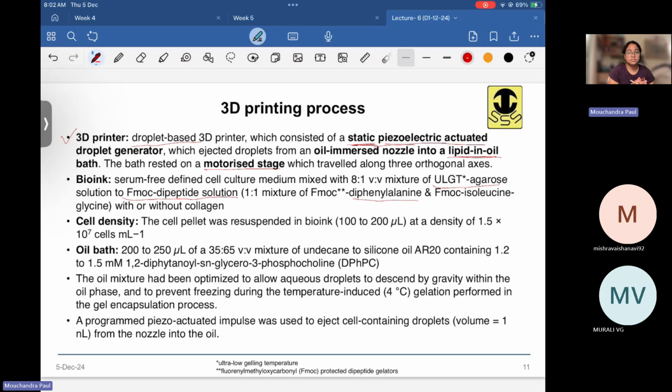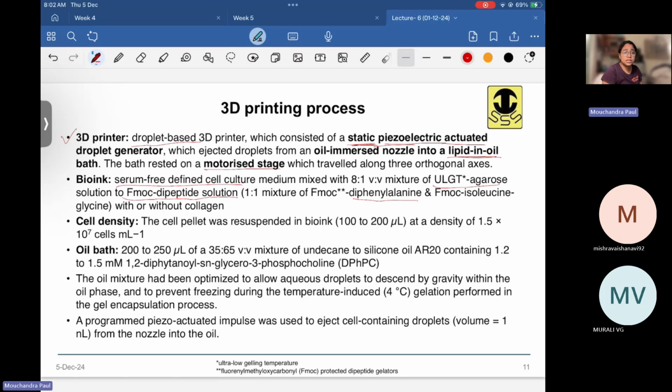So with agarose, they mix this FMOC dipeptide solution, and also they mixed serum-free cell culture media, which is added to sustain the viability of your cells. And they made two types of bioinks, one without collagen and one with collagen. Okay, this is the bioink that they used.